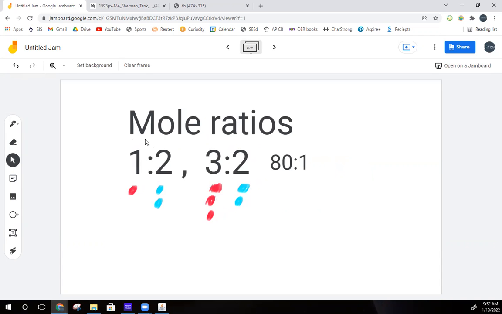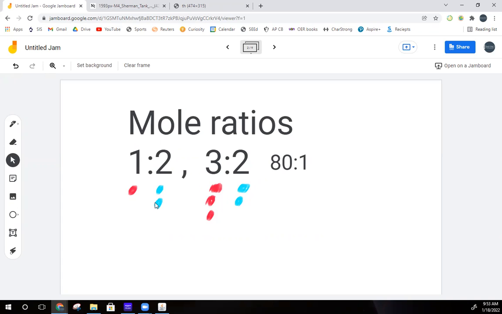For every 1 strawberry, I need 2 blueberries in this recipe. In this case, we have 3 strawberries to 2 blueberries. And then I've got an 80 to 1 here. So for every 80 strawberries, I need 1 blueberry. That wouldn't be a very good mixture, but 3 to 2, 1 to 2, something like that.